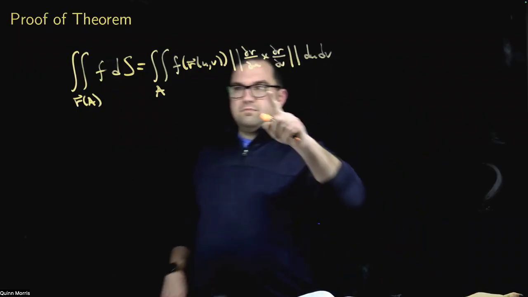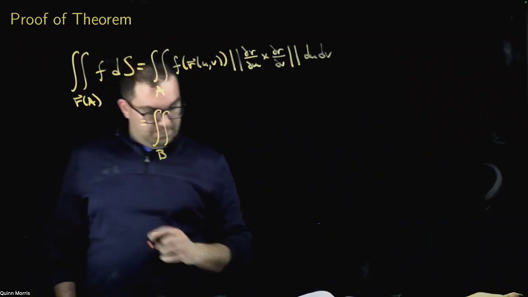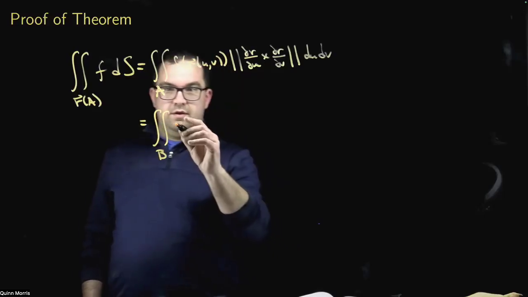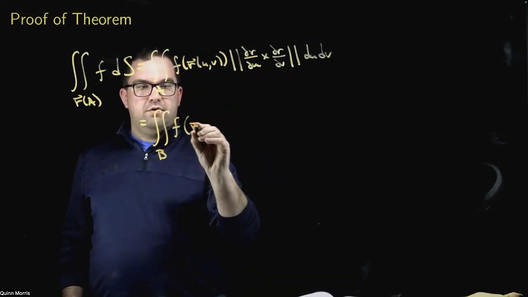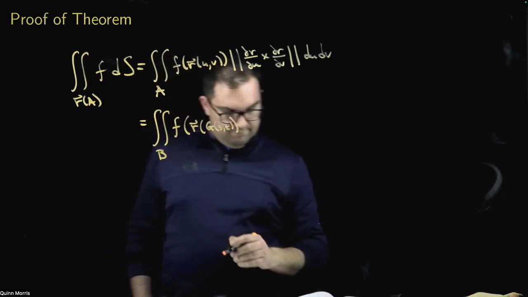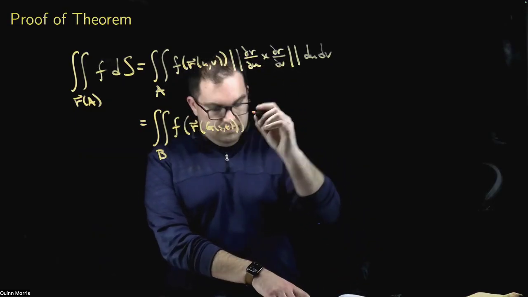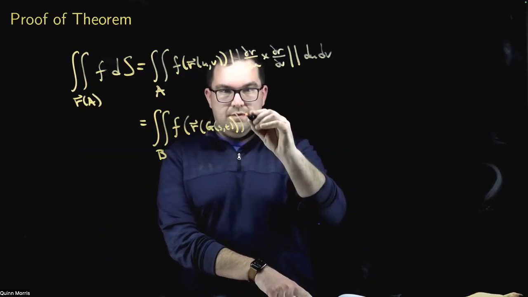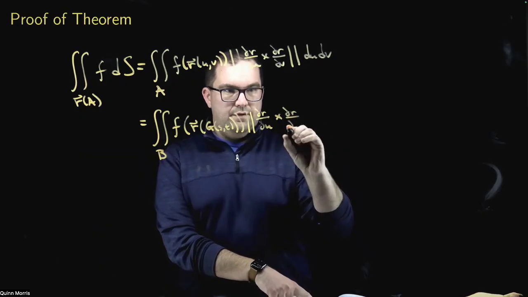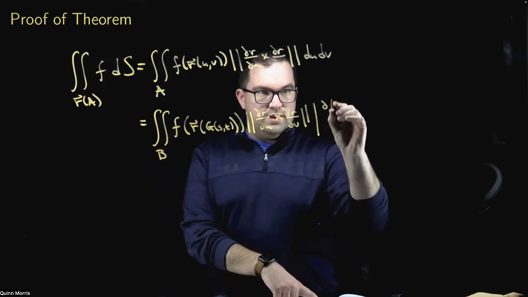So I can re-express this as a double integral over B of f of r of g of st, and then I'll get a norm of dr du cross dr dv times this determinant.